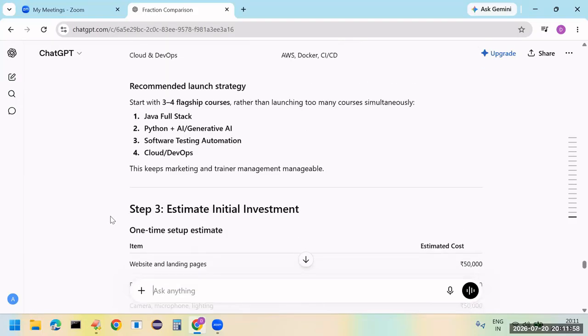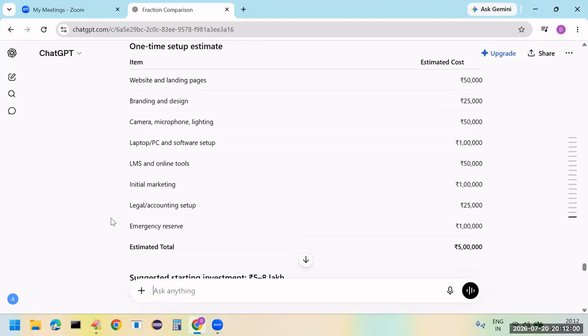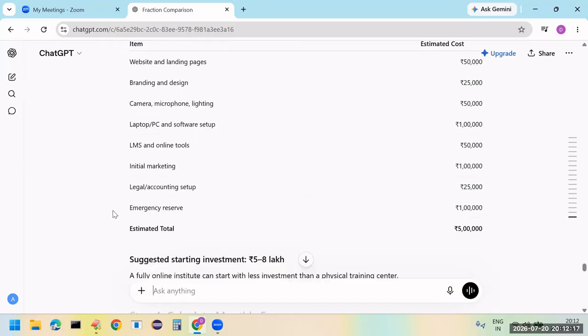Estimated initial investment: website and landing pages, branding and design, camera, microphone, lighting, laptop, PC, software setup, LMS and online tools, initial marketing, legal and accounting setup, emergency reserve, estimated total finance.